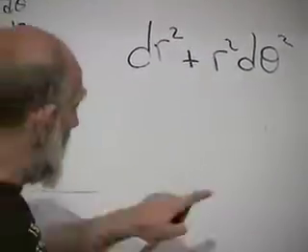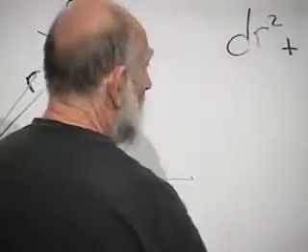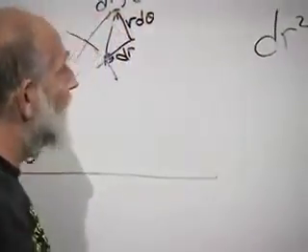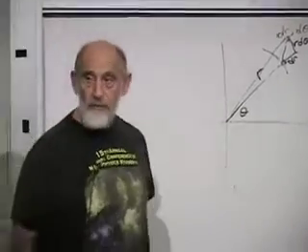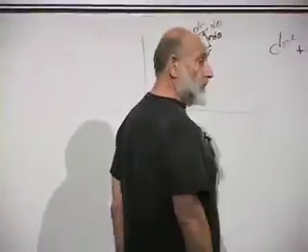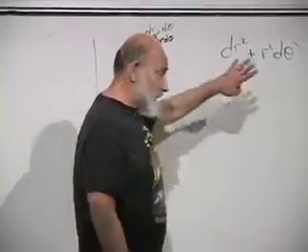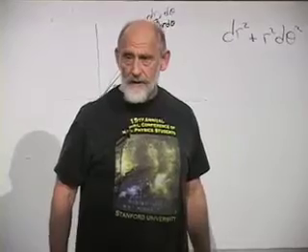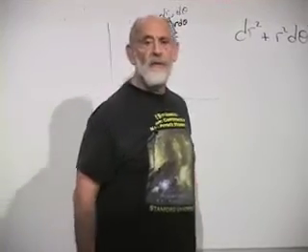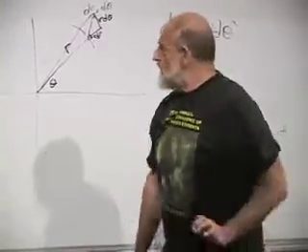Here's an example where the coefficients of the metric are not constant. Isn't it r sine d theta? No, it's just r squared d theta squared. You're thinking about a sphere. Theta is in radians. There's no sine there.